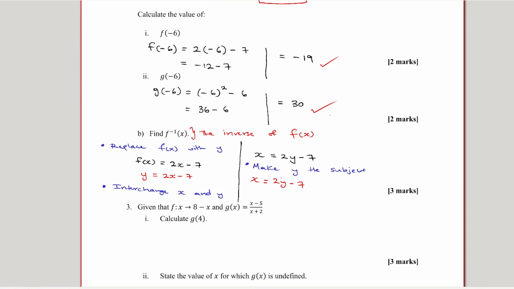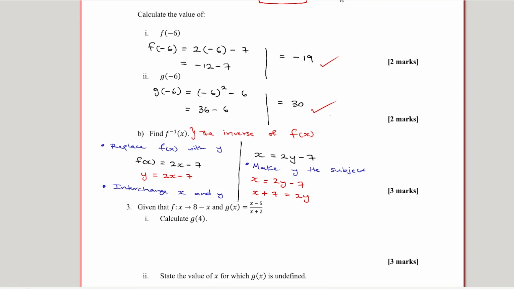So that means we need to get rid of everything from around the y. The first thing that we can remove is the negative 7 over here, and we can do so by bringing it across the equal sign. When I bring a negative across the equal sign, this becomes positive. So this is now x plus 7 is equal to 2y.